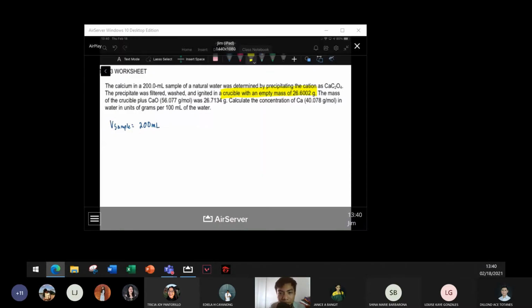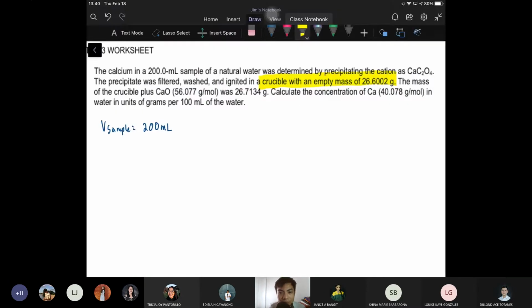Okay? So, balik na tayo sa ating problem. So, sabi sa problem natin is that yung ating crucible may empty mass of 26.6002. Nasulat natin, M crucible is 26.6002 grams. Okay?